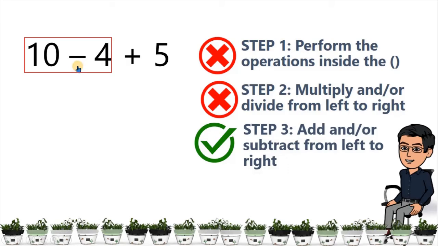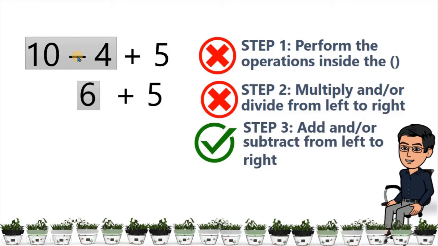And what is 10 minus 4? 10 minus 4 is equal to 6. So now we have our new problem, which is 6 plus 5. And that is still in step number 3. And so, we will now add 6 plus 5. And what is 6 plus 5? That is 11. So therefore, the answer for 10 minus 4 plus 5 is equal to 11.